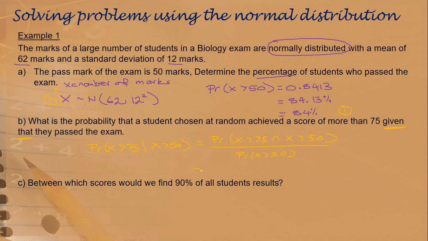For both X greater than 75 and X greater than 50 to occur, the only numbers for which both are true are where X is bigger than 75. And we divide this by the probability X is bigger than 50. We already have our answer for X bigger than 50 from the previous question, so we have this whole value here. Remember, we should not be rounding off in our working.